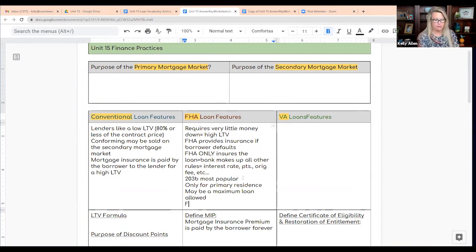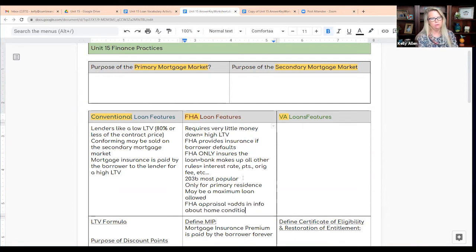We're going to have a special FHA appraisal, which adds in info about home condition. So when you have an FHA appraisal done, the appraiser is going to come out with a little checklist, and they're going to look to see, all right, what's the condition of this home?